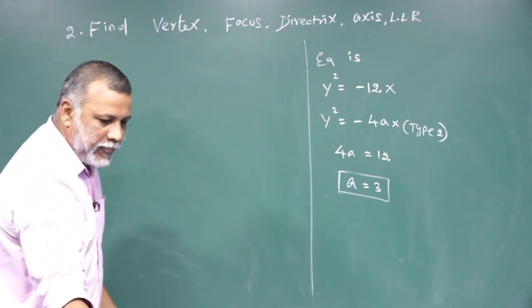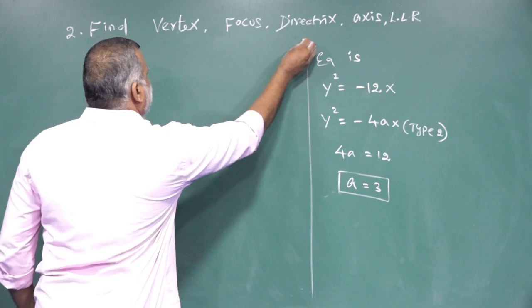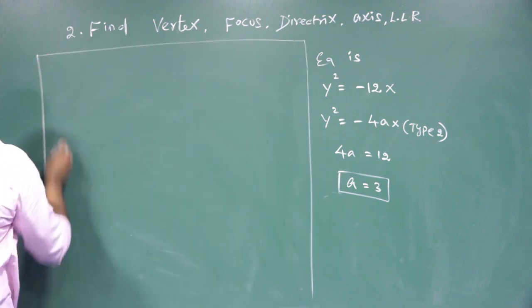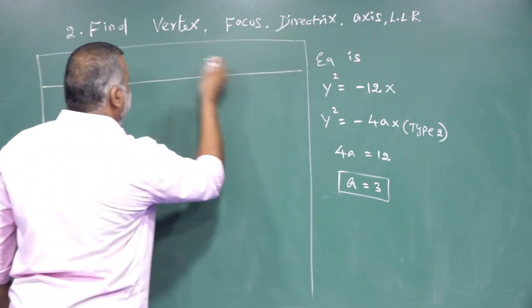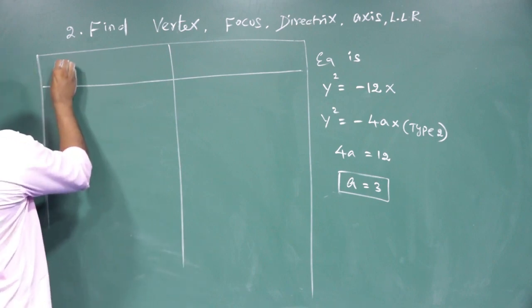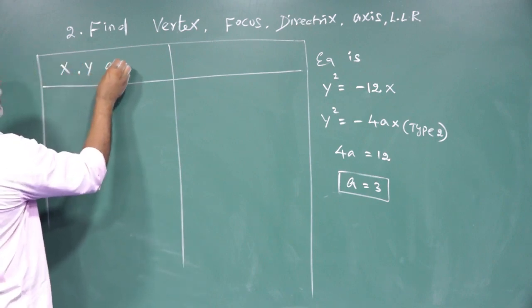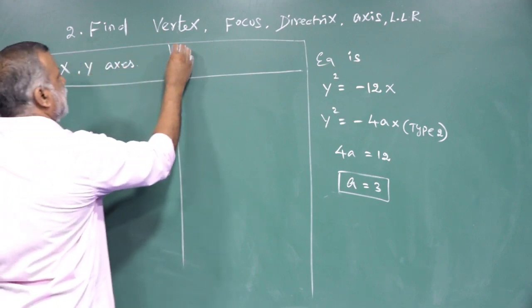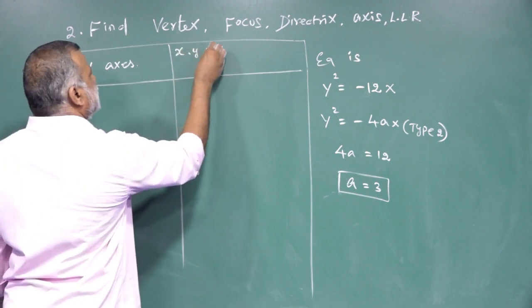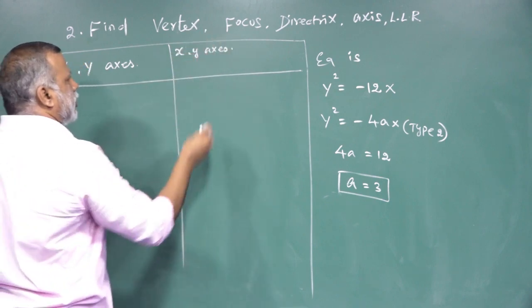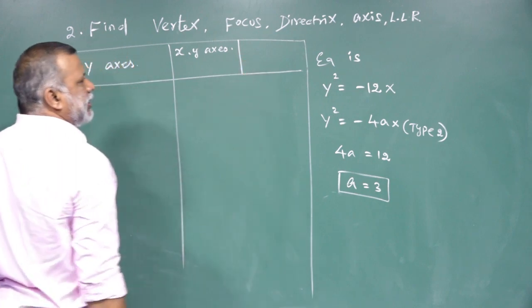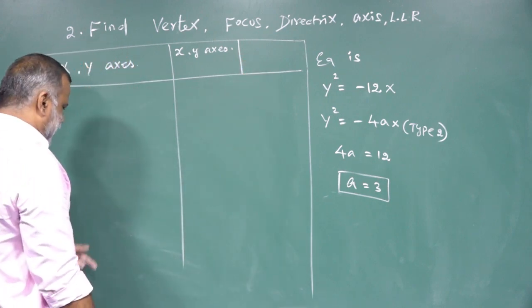See here. Draw a table. In this table, the first column goes to capital X, capital Y axis. Here, small x, small y axis. Then the conversion from small x means we already gave the name.